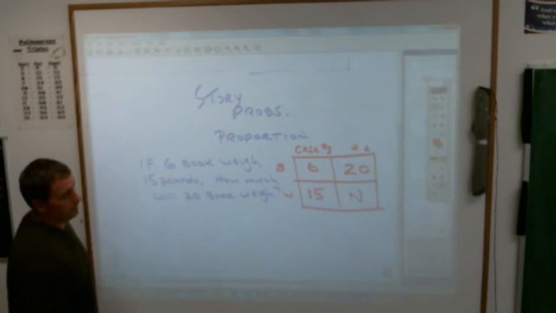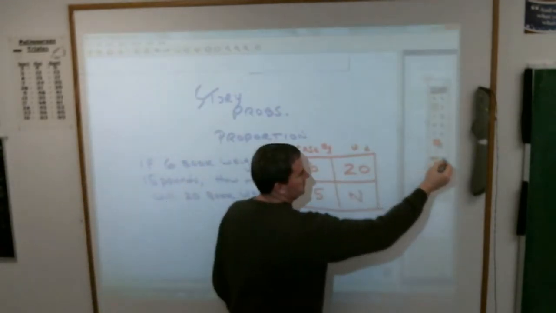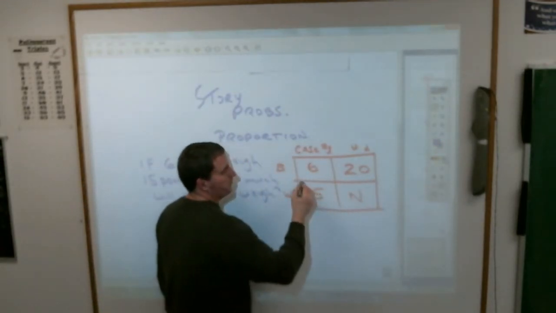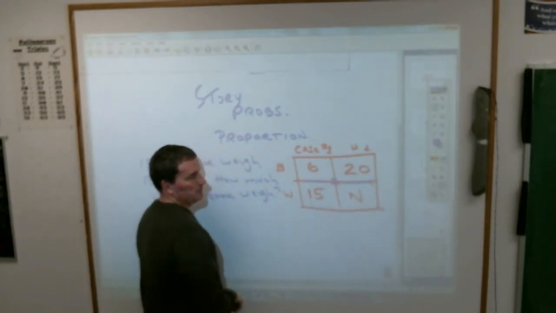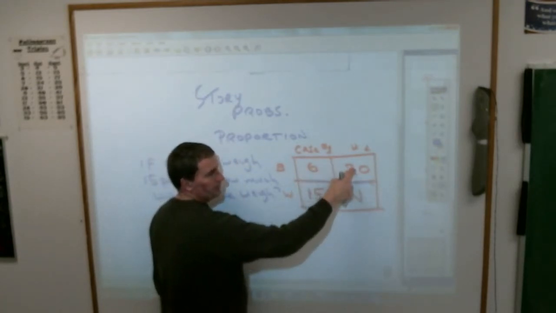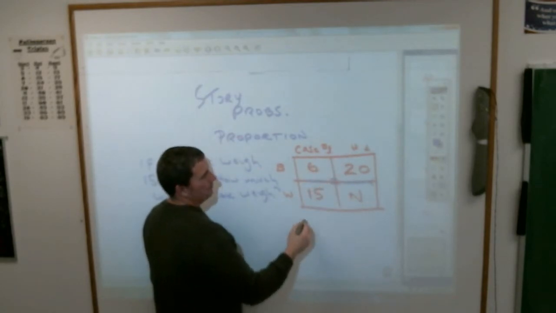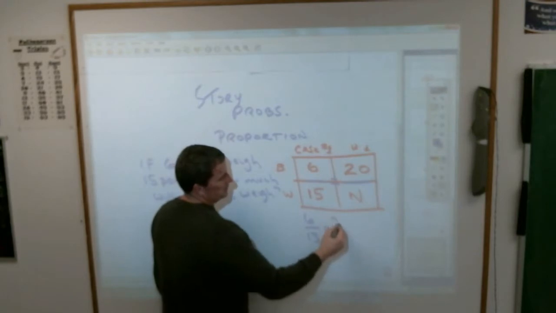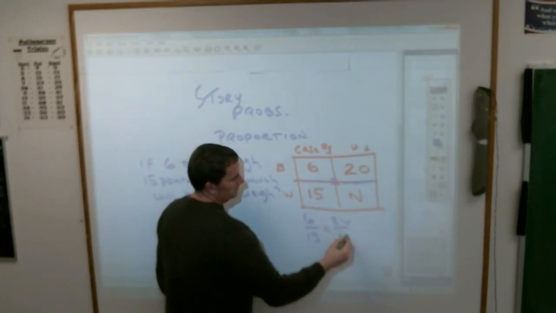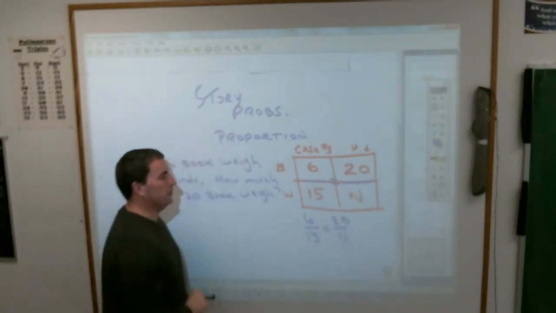Just like before, you can look at these as being 2 equal fractions. Is it easy to go from 6 to 20? I can't, so it's probably best if you go 6/15 equals 20 over what number? Here is where you have your choice.